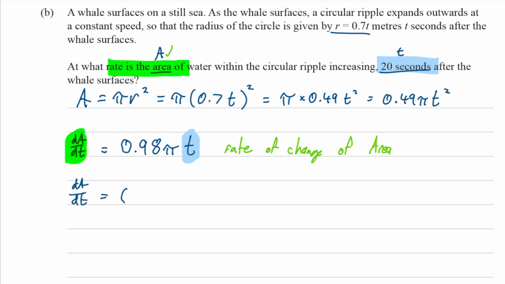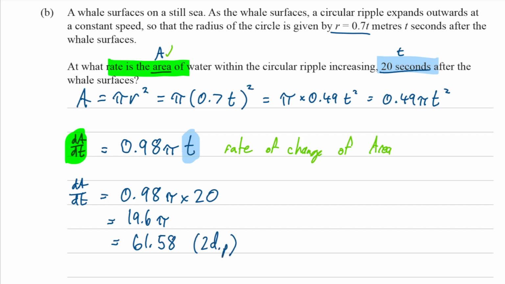So doing that now, 0.98 pi times 20. So 0.98 times 20 gives 19.6 pi. You could evaluate that on your calculator, which is about 61.58 to 2 decimal places. So either answer would be valid.